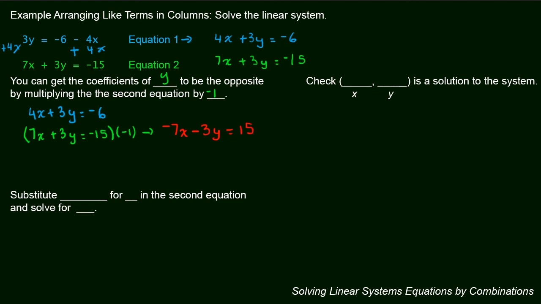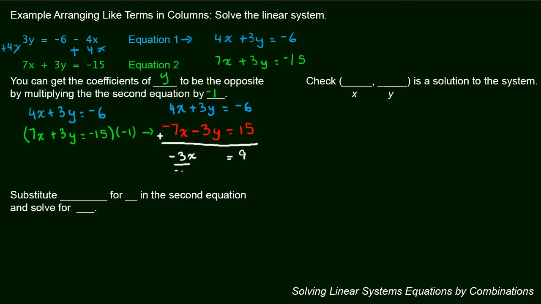I still have the original first equation, since I haven't done anything to that. That is 4x plus 3y equals negative 6. Now that I have a positive and a negative 3y, I can add these two equations together. 4x minus 7x gives me a negative 3x. Positive 3y minus 3y is 0, and negative 6 plus 15 is 9.